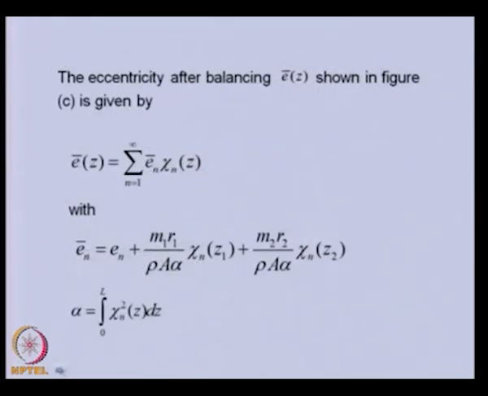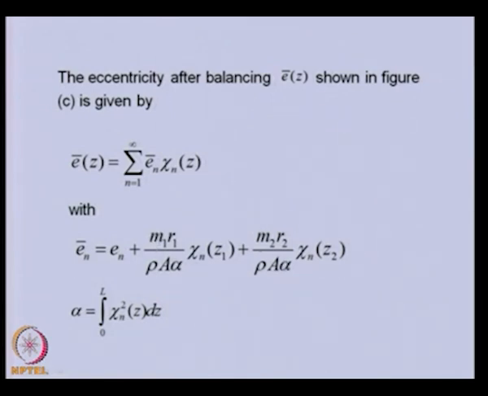Now, once we obtain this, the eccentricity after balancing, we already saw in the third figure, in which along with the eccentricity of the shaft, the eccentricity of the correction mass was also shown. So that distribution we can express like this, again in the form of the eigenfunction, and this constant will be given as the constant of the shaft eccentricity and of the correction mass eccentricity.